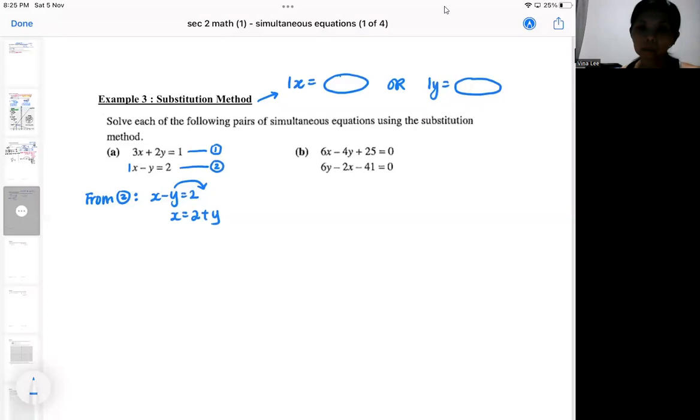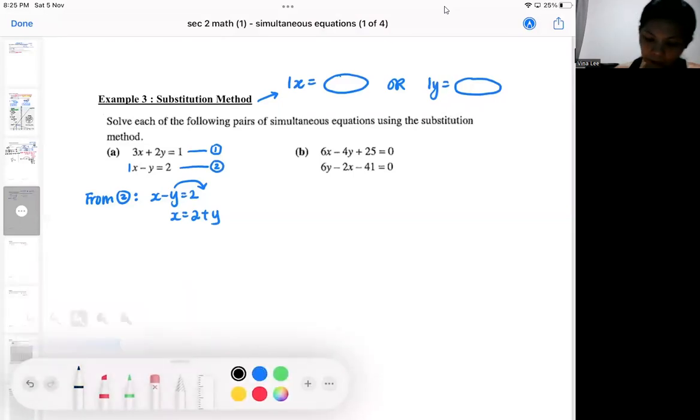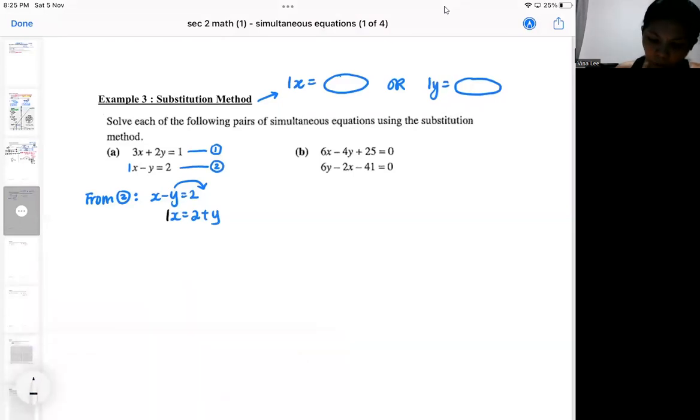I reshuffle a bit. 1x is this chunk. So this whole thing, 2 plus y, represents 1x. So this will be my equation 3.